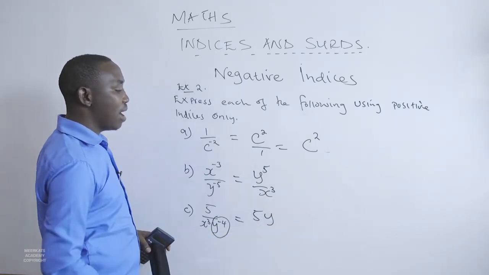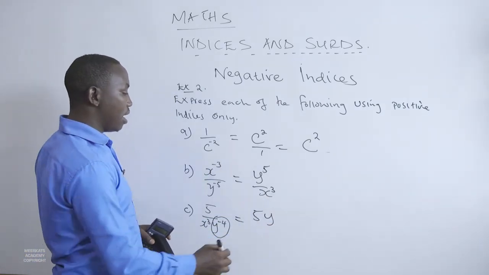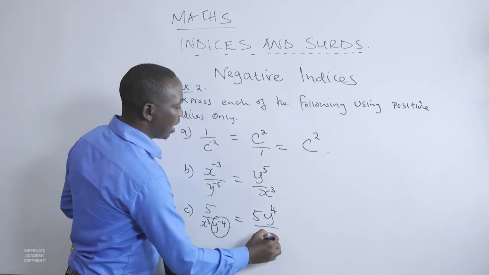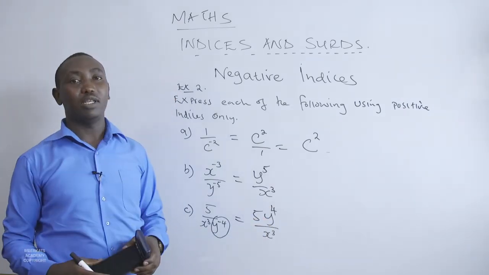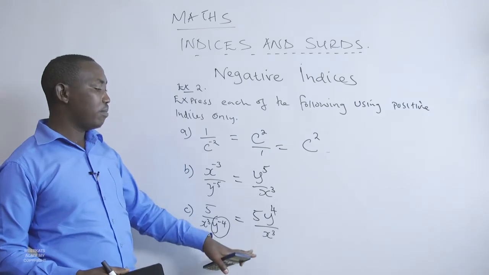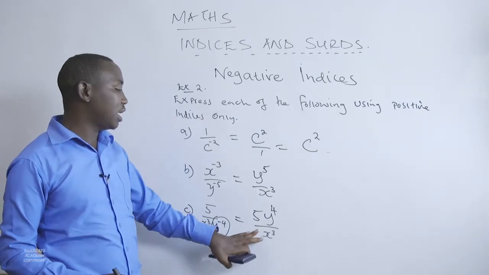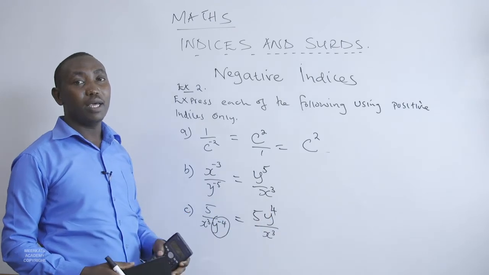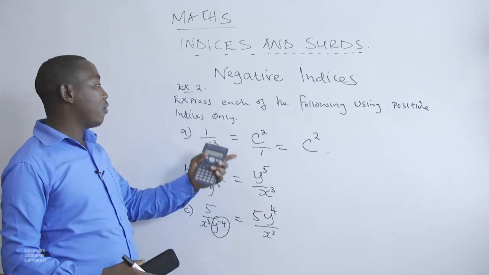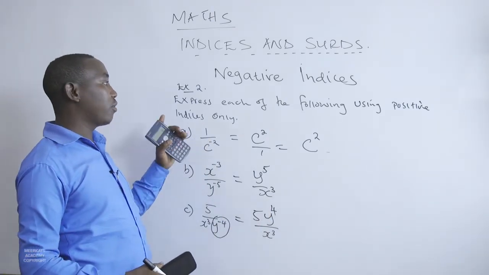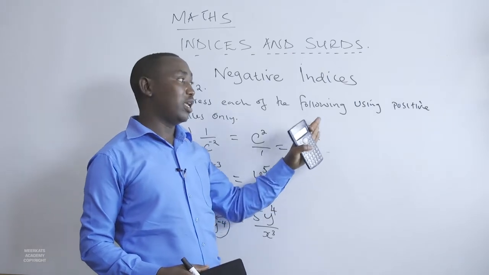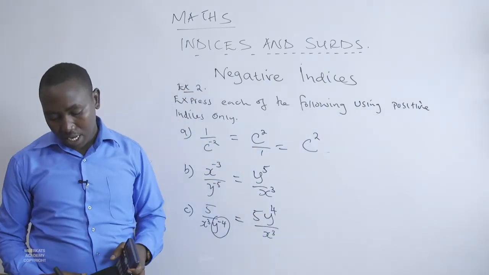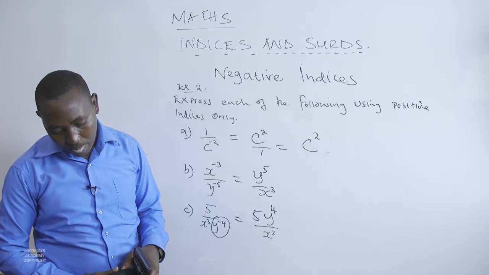Then y will come to the numerator, and it will change the power to positive 4, all over x raised to positive 3. All of them should be left at that, because if you bring x up, it's going to be raised to negative 3, which will be contrary to the question that requires you to leave your answers in positive indices only.